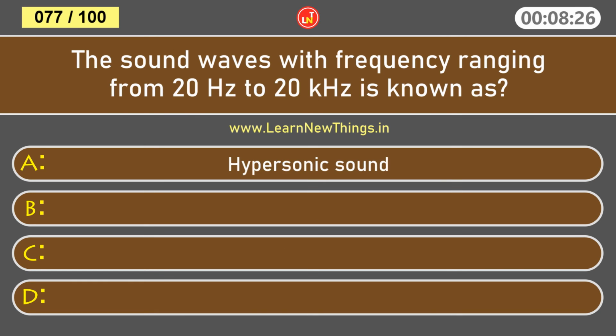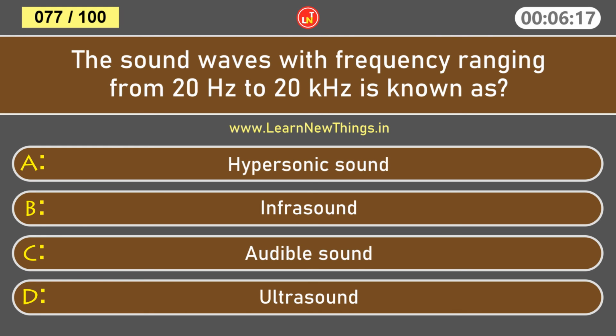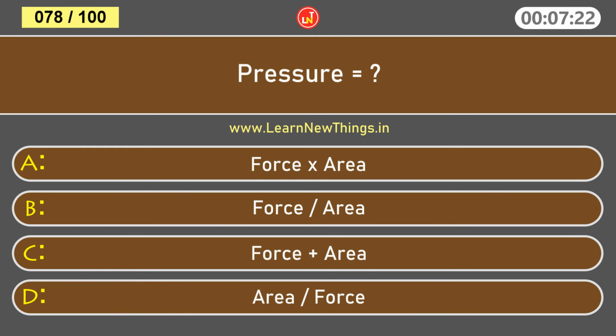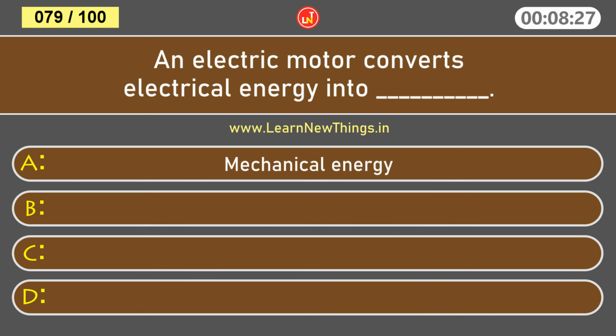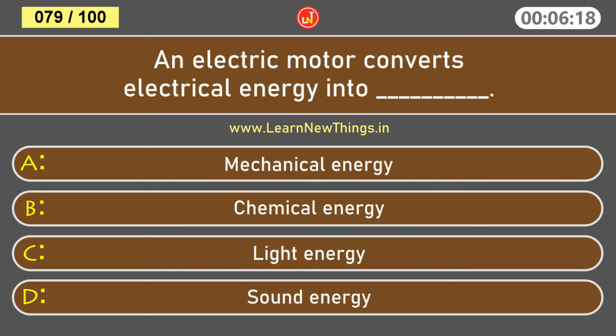The sound waves with a frequency ranging from 20 Hz to 20 kHz is known as audible sound. Pressure equal to force by area. An electric motor converts electrical energy into dash.